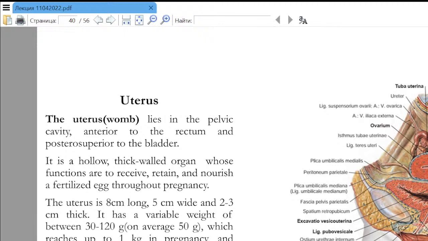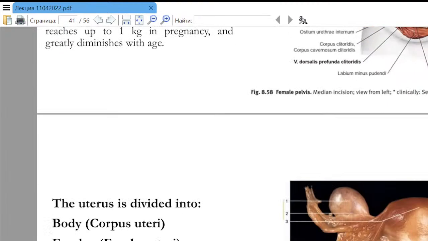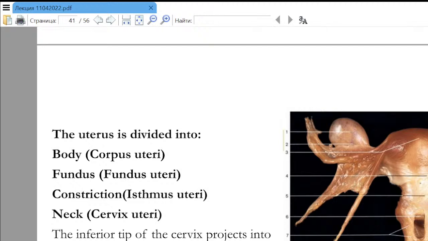This is the uterus. This is the ostium uteri. Ovarium. The uterus is divided into the body, corpus uteri, fundus uteri, isthmus uteri, and neck, cervix uteri.